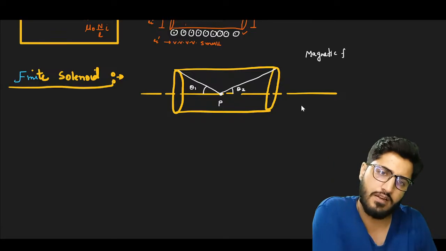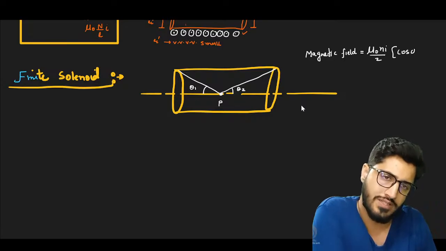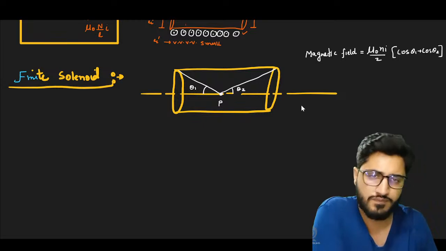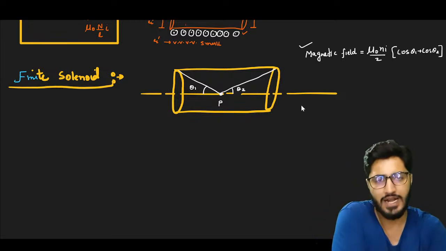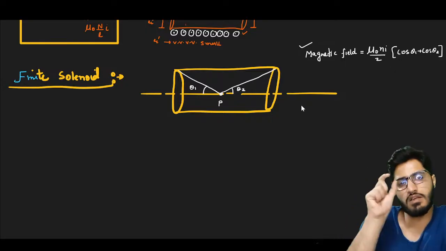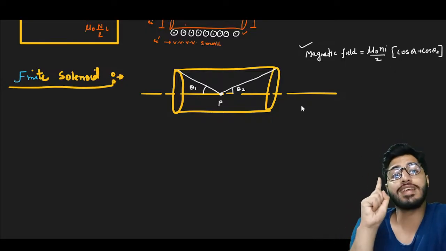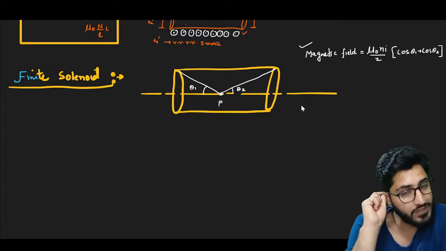Magnetic field at P would be nu naught Ni by 2 into cos theta 1 plus cos theta 2. Just remember this one.